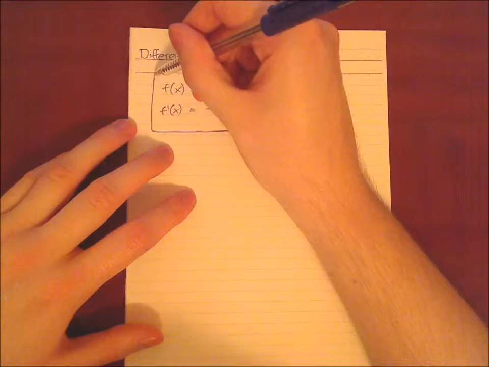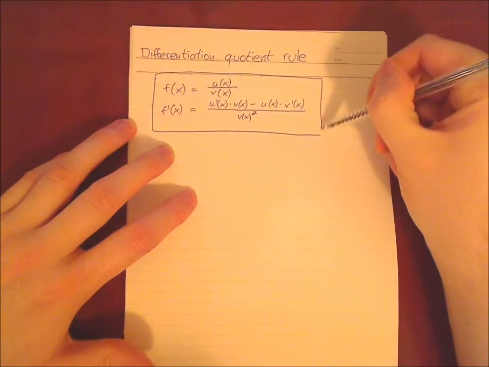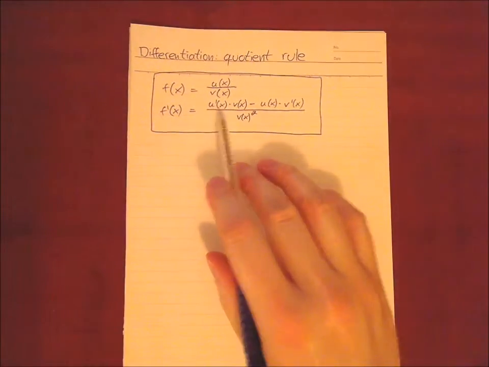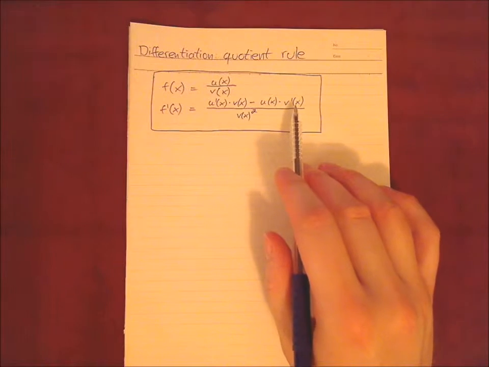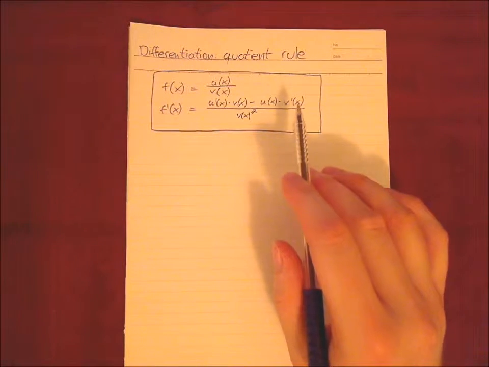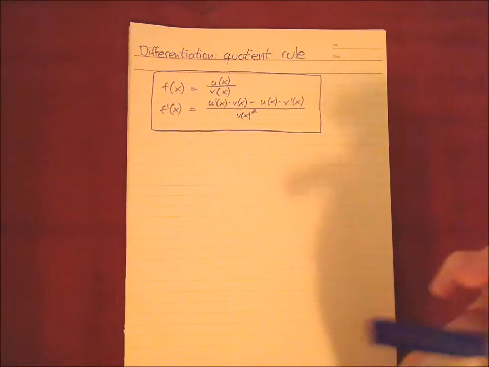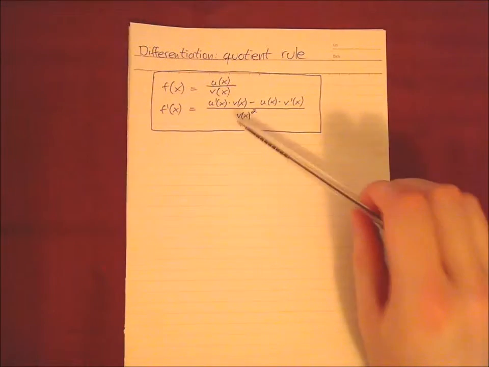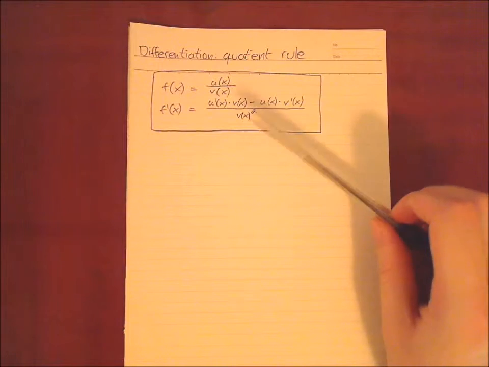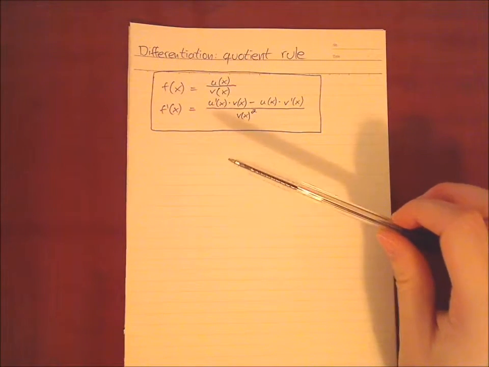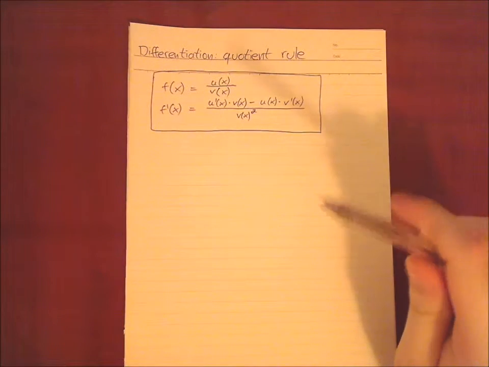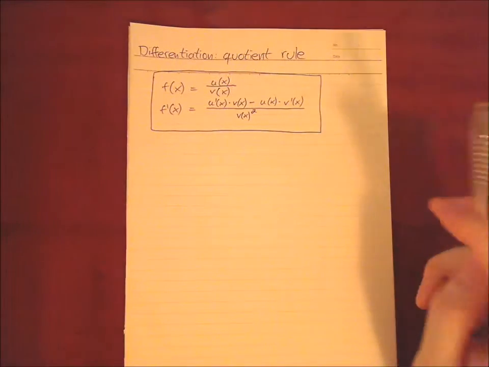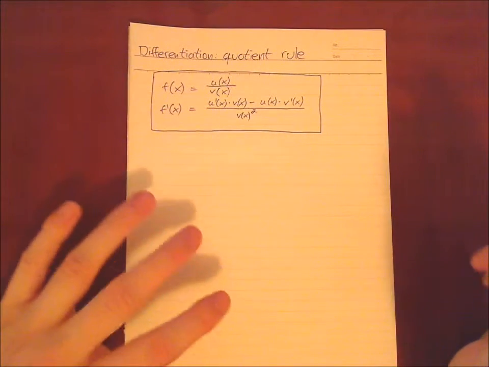It can save you a lot of time, but because the numerator is a little bit complicated, it can also cause mistakes if you don't practice a lot with it, or if you maybe forget the formula. This is also because it's a little bit more complicated than the power rule. But in the end, I would say it saves you time, and what you just need is practice.